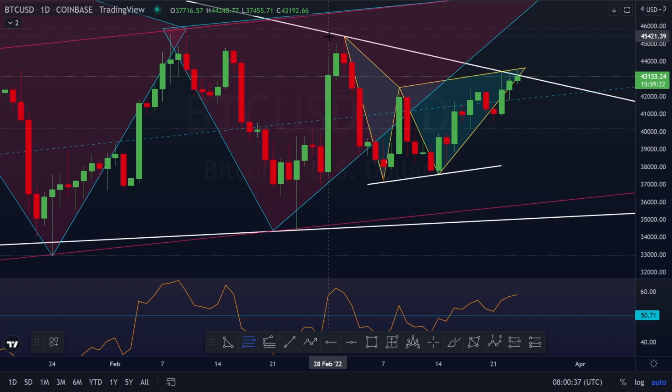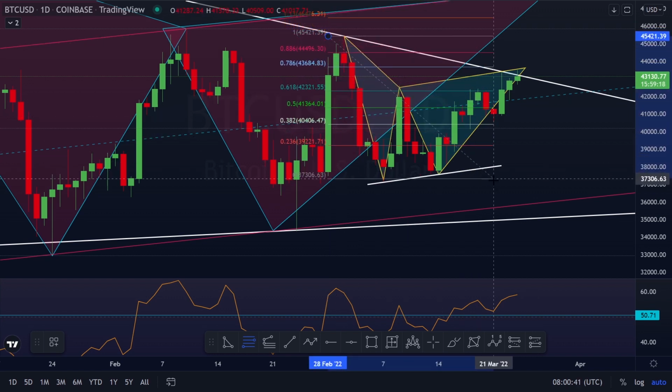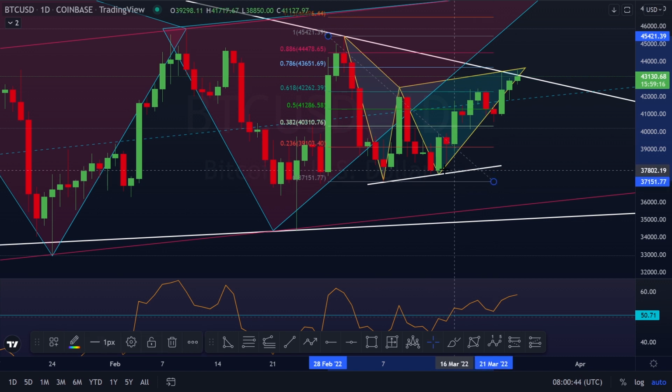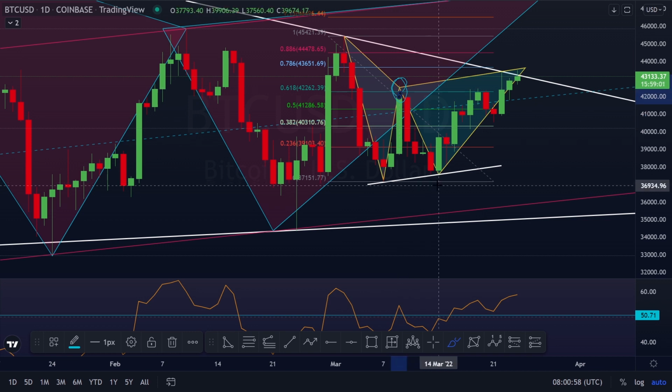So you take your Fibonacci from the top to the bottom. You can see also that we got a rejection at the 0.618. So the Gartley is the price goes down from X to A, retraces to B, and then retraces again, and then goes to the PRZ, which is the 0.786 for the Gartley.